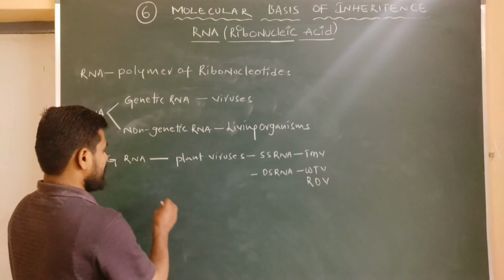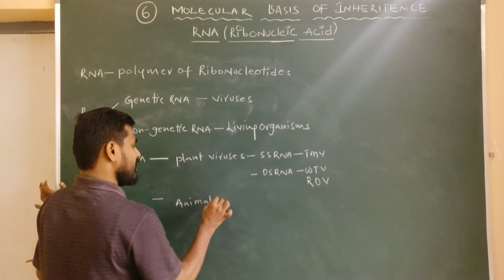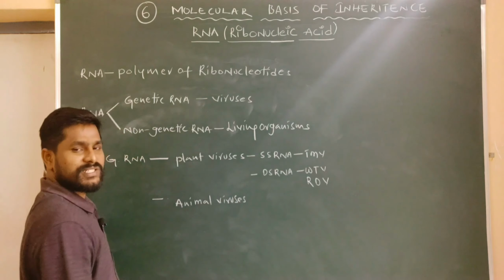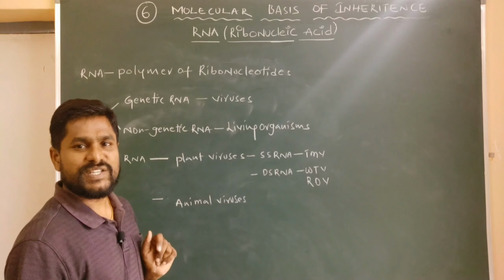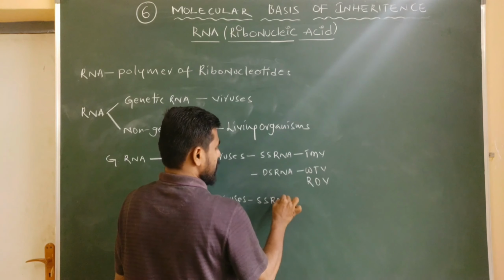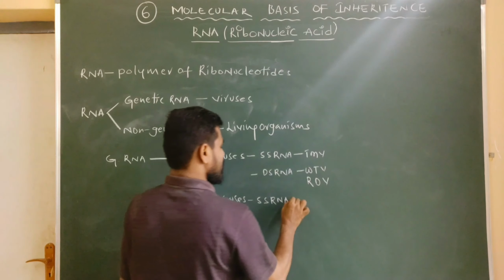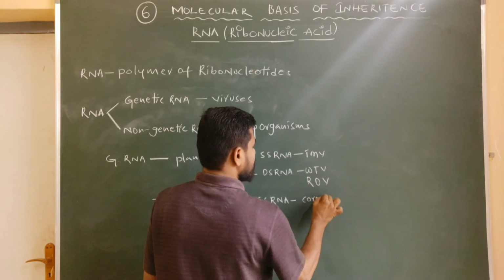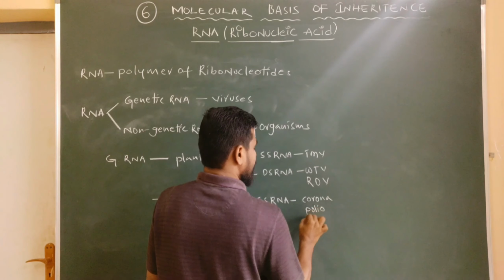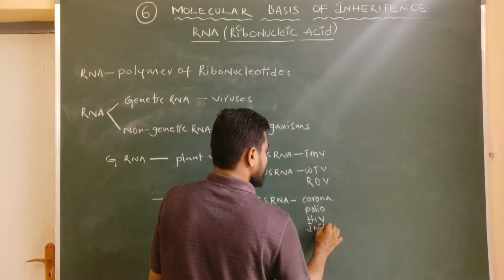Like that, if you come to animal viruses, in most of the animal viruses DNA is the genetic material, but there are a few animal viruses having RNA as a genetic material. First, single stranded RNA containing animal viruses, for example coronavirus, polio virus, HIV and influenza virus.